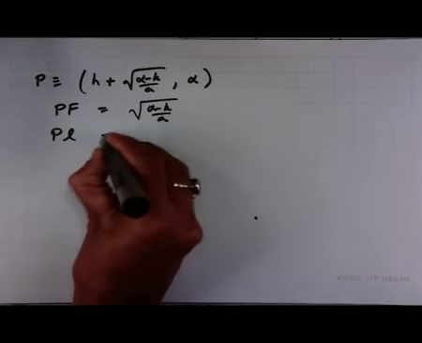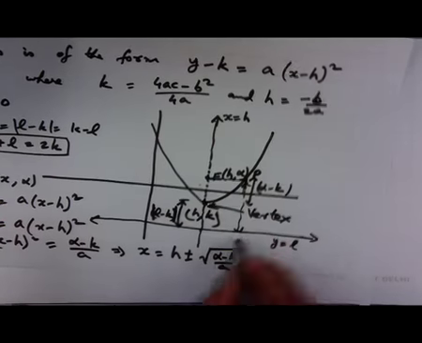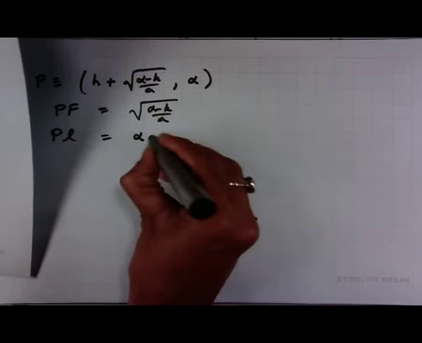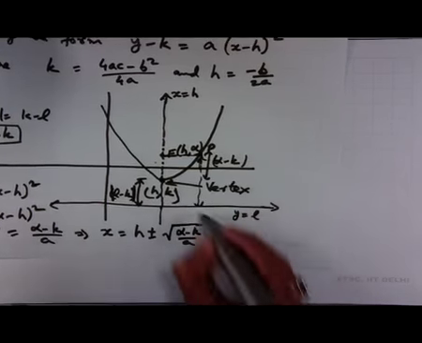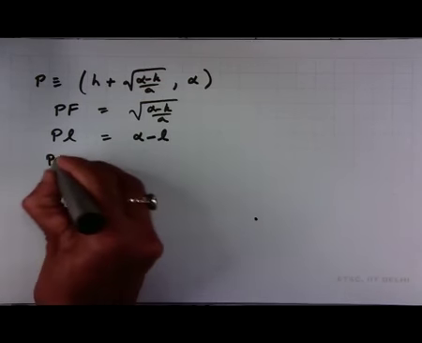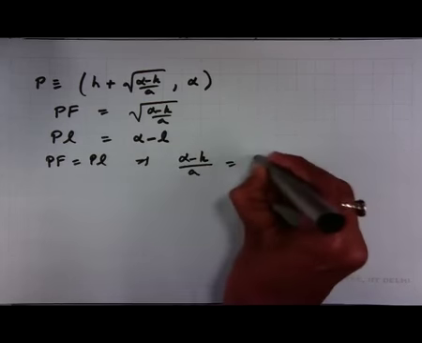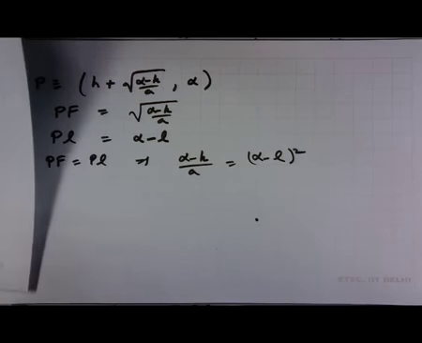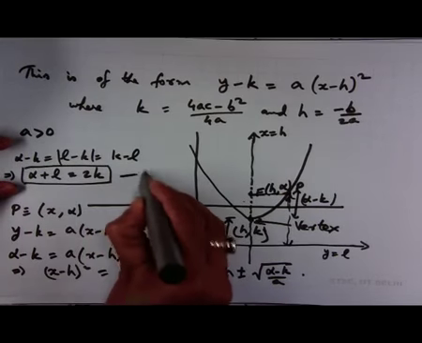P to the line L, the y coordinate here is alpha, and this is y equal to L. So alpha minus L, because we are taking y equal to L. Now PF equal to PL will imply alpha minus k by a is equal to alpha minus L squared, and from these two equations we can solve for alpha and L. Let us put this as equation 2.